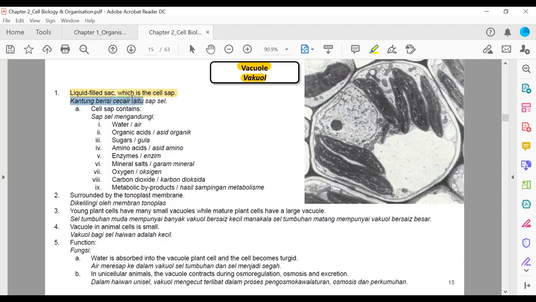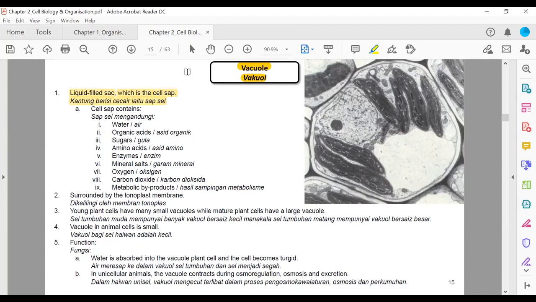Kantong berisi cecair iaitu sel sap. Okay, vacuole ini, vacuole is a sac, kantong, a bag that contains liquid. Dalam tu ada cecair, liquid. And this liquid is known as cell sap.